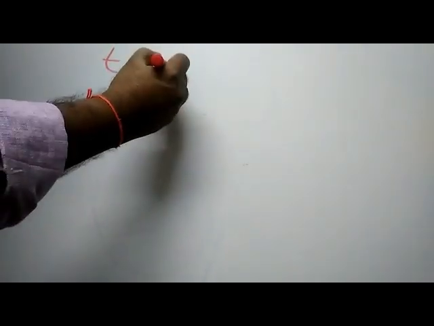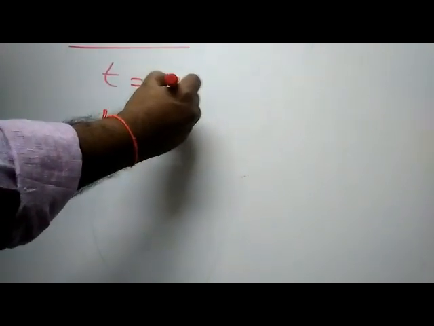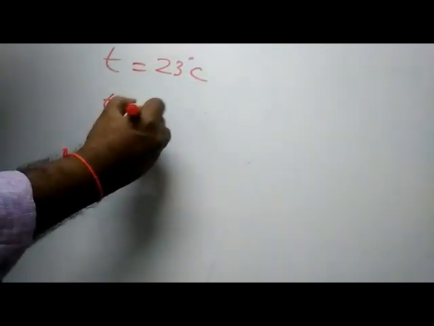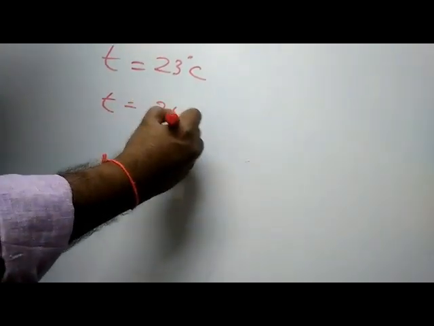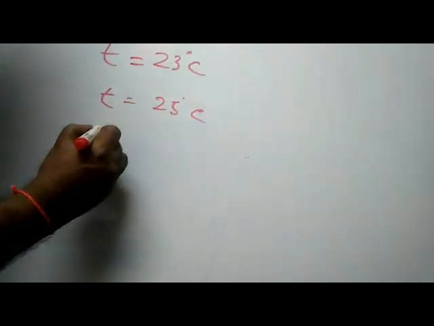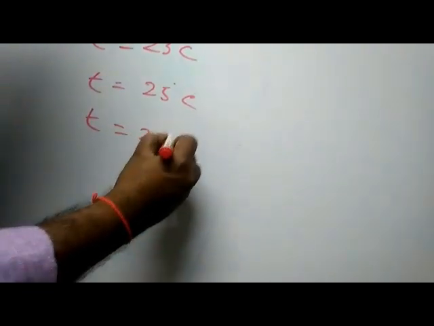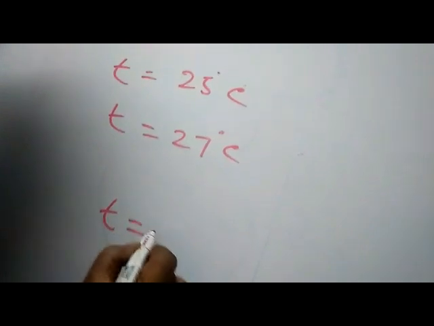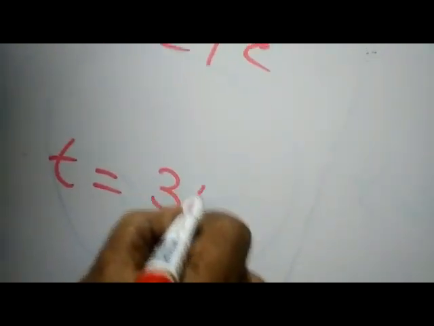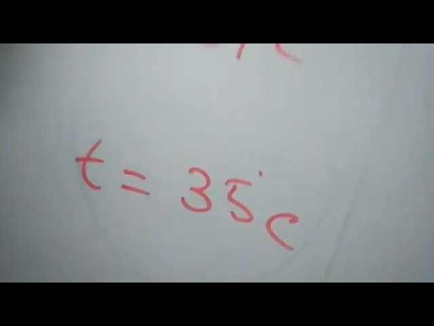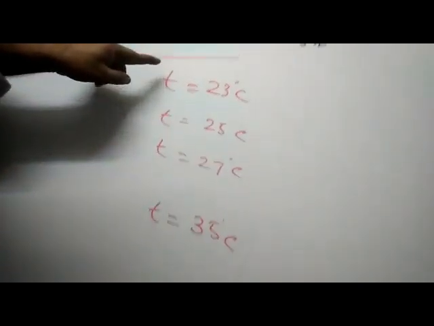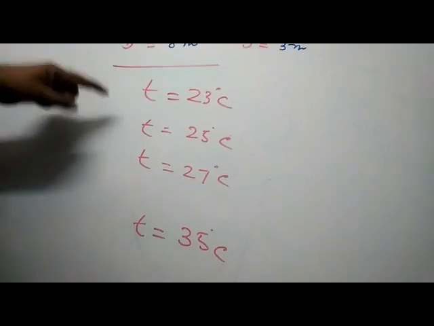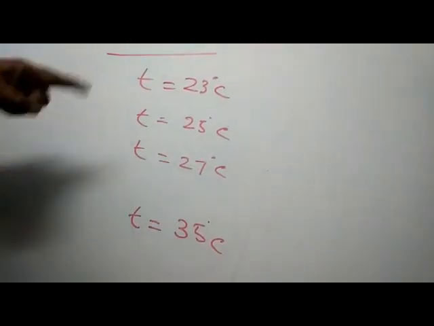At 6 o'clock the temperature is 23 degrees Celsius, at 7 o'clock it will be 25 degrees, at 8 o'clock 27 degrees Celsius, and at 12 o'clock 35 degrees Celsius. The value of T will always change. The temperature will change. Why? Because a variable will always change.